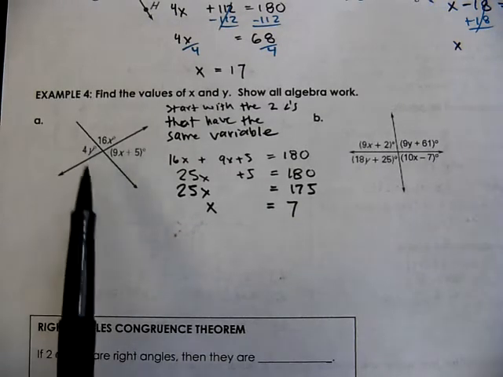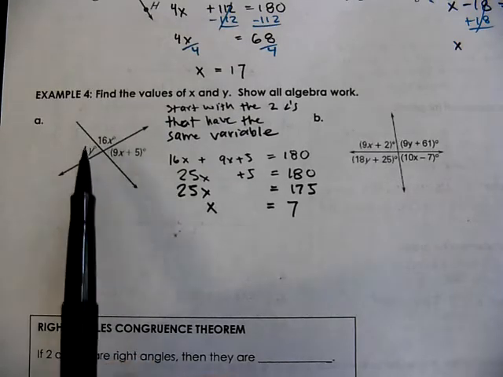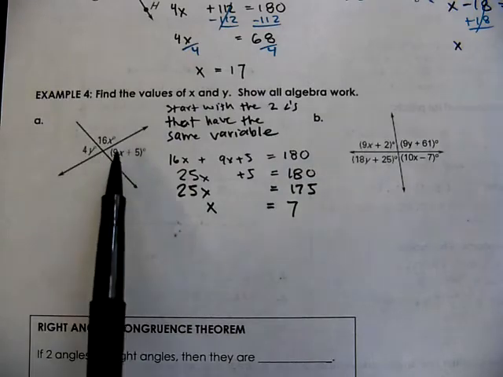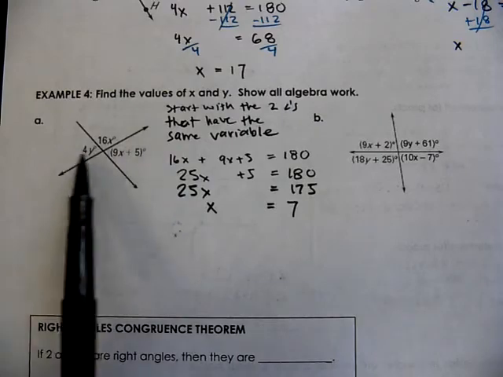And I don't have another angle to pair up with the angle that has the 4y. So what we're going to do, we're going to take that 7 and plug it back in so that we could figure out then a pair of angles to then work with to solve for y.